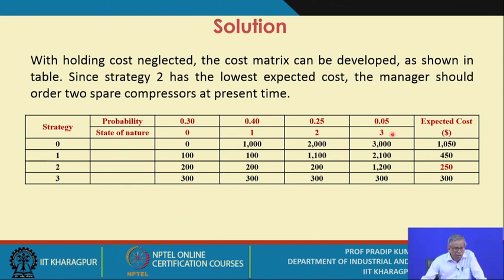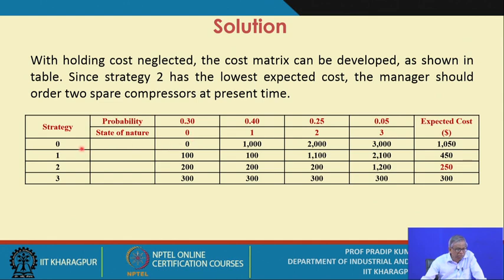And the corresponding probability is already known, as given in the previous table. So, the ordering strategies could be 0, that means there will be no ordering for the compressor, or there could be 1 unit ordering, or 2 units ordering, or 3 units ordering. So, these are all the possibilities we have explored.